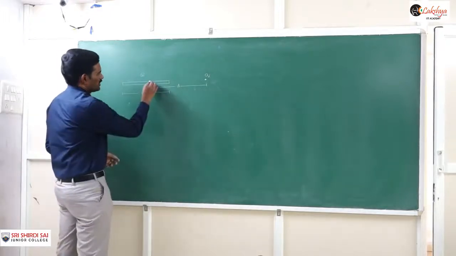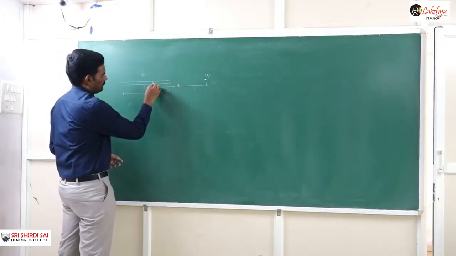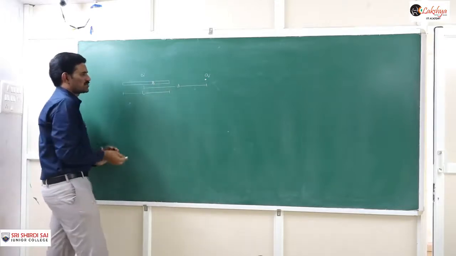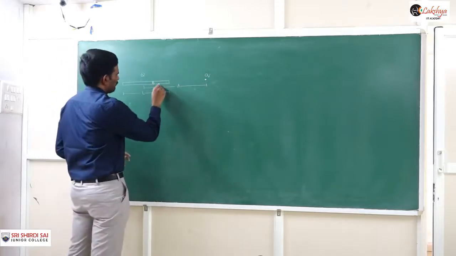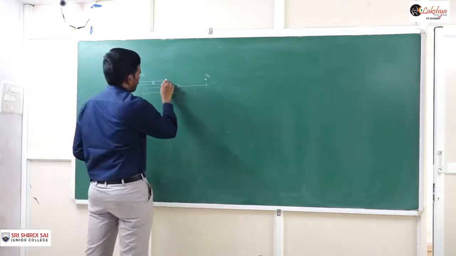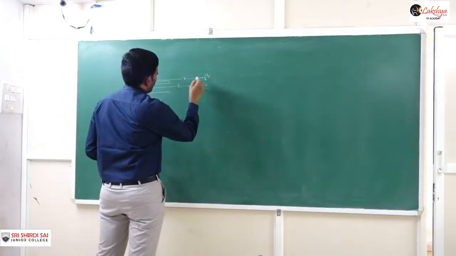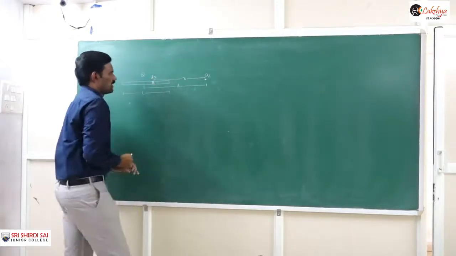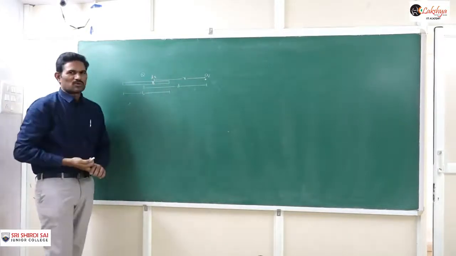So for that I am taking a small element here. So let us take a small element of this object at a distance of x from this point charge, and this is dx. This element is dx. And now the charge present on that small element.